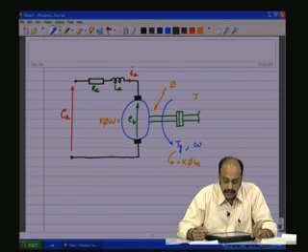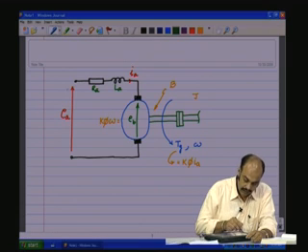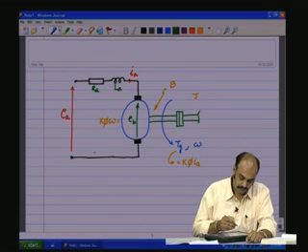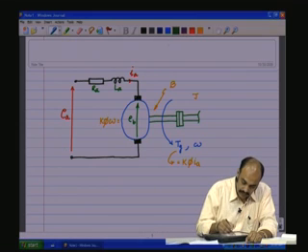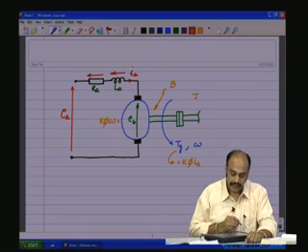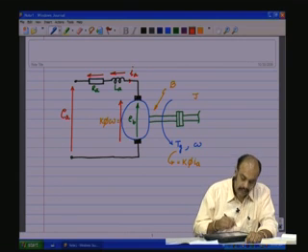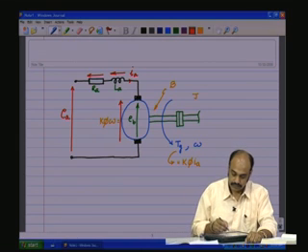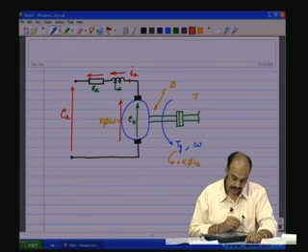Now, we can apply the Kirchhoff's voltage law to the electrical domain here. You see that the applied voltage is EA, there is a voltage drop across RA, there will be a drop across the LA inductor, and then of course, there is a drop that gets developed across the brushes because of the rotation of the armature, that is the generated EMF or the back EMF, and that is called EB.